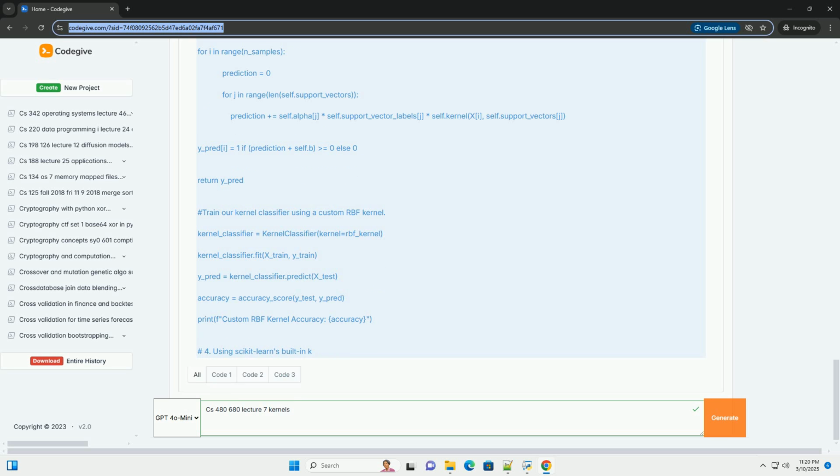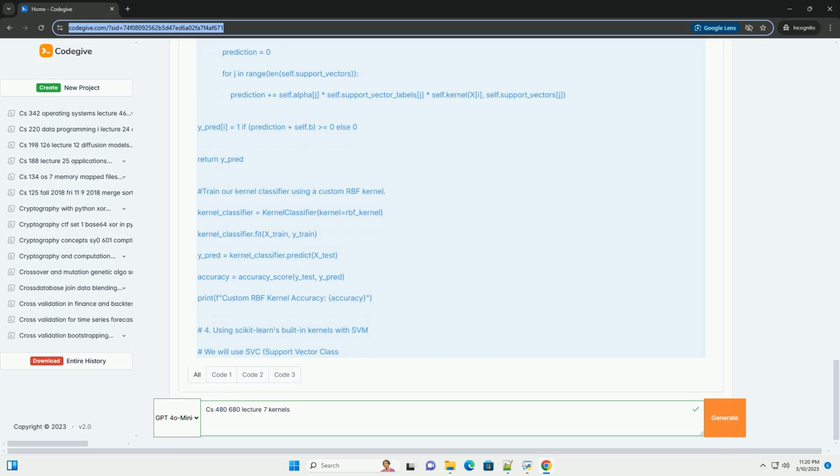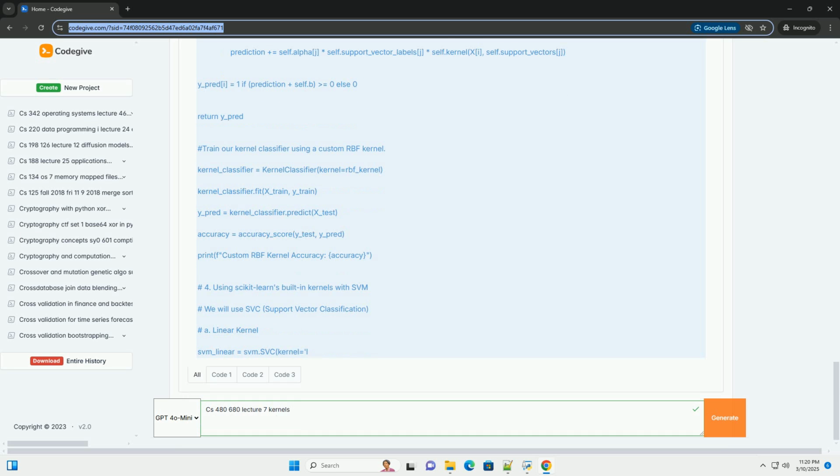Kernel function: a kernel function k(x, y) calculates the dot product of the transformed data points without explicitly computing the transformation phi(x). Mathematically, k(x, y) = phi(x) · phi(y).